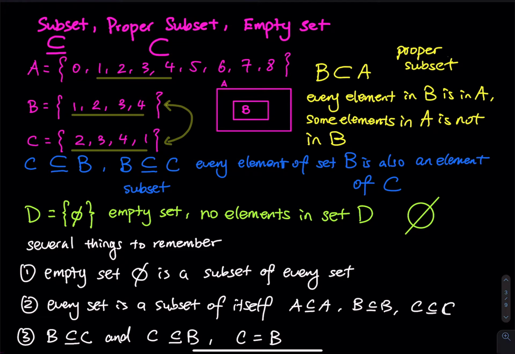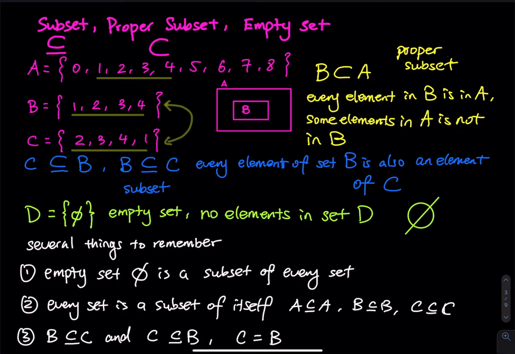So basically set B and set C are exactly the same. So B is not only inside C, which means B is a subset of C, but B and C are completely the same. So it's not only inside, but also the same. On the other hand, C is not only inside B, C is also equal to B. Since they are completely the same, that's why there is an equal.